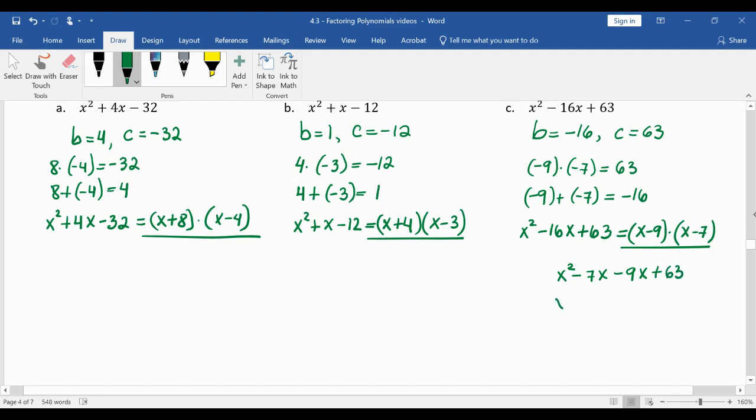Combine the like terms, so we get x squared minus 16x plus 63. So we can see that after we multiply the two factors, we got the original trinomial, the original polynomial. So it means we factored correctly.